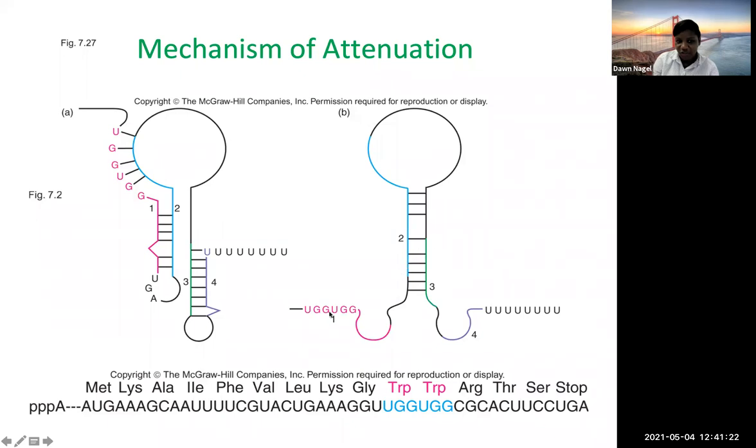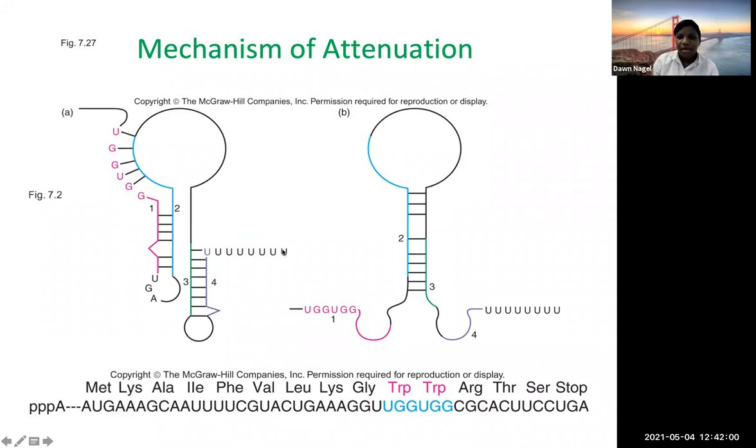If this hairpin structure is formed, then there's no way that this can fold back and base pair with this, because these bases are no longer available. They're here. So this is usually the mechanism of how attenuation works. It's either of these two conformations. In the case where you have high levels of tryptophan and you want to turn off the production of tryptophan, this is the more desirable structure, because you have your hairpin structure and your string of T's, the perfect terminator.